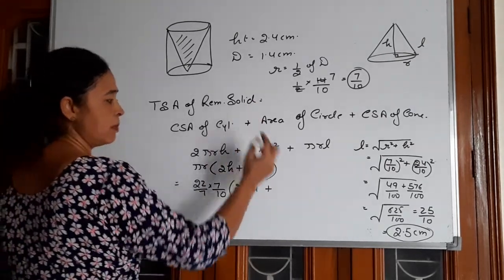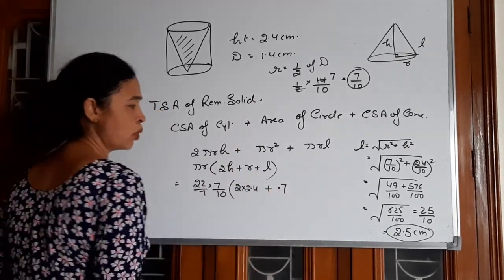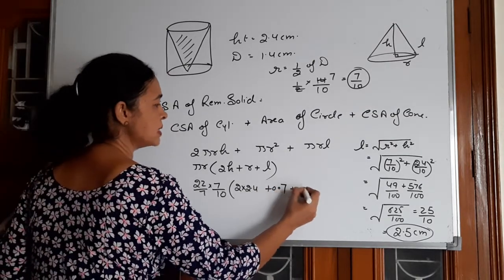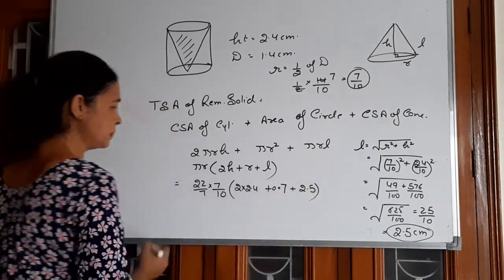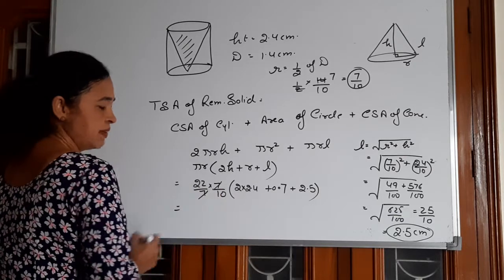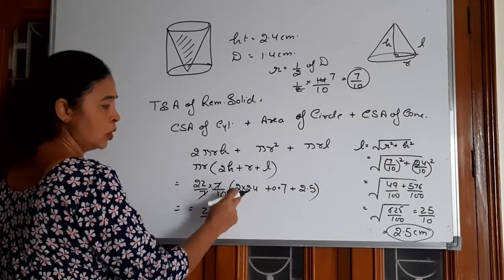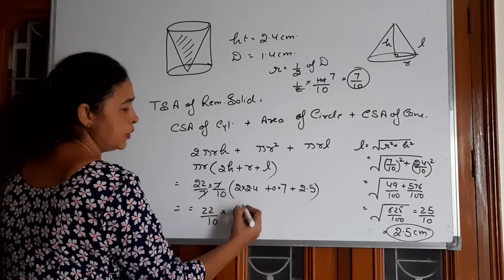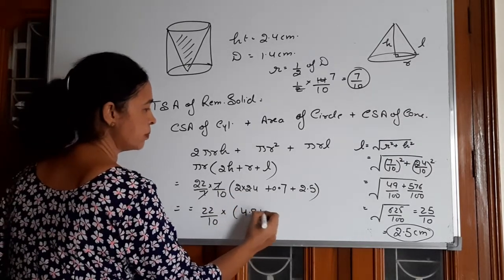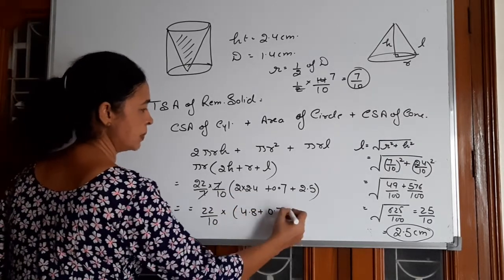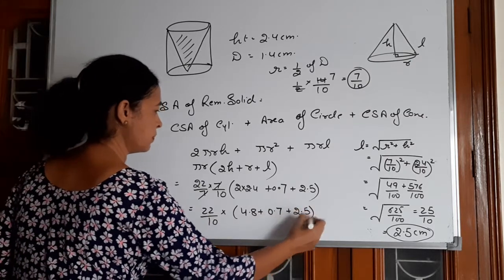is radius? 7/10. I am writing 0.7, 0.7 plus 2.5. 7 and 7 get cancelled. This is 22/10 into 2.4 into 2, 4.8 plus 0.7 plus 2.5.